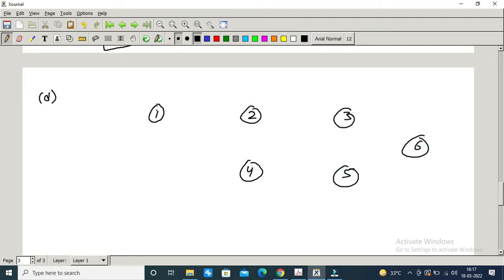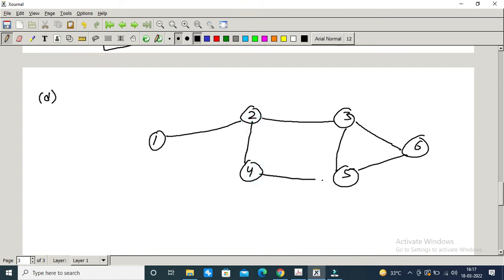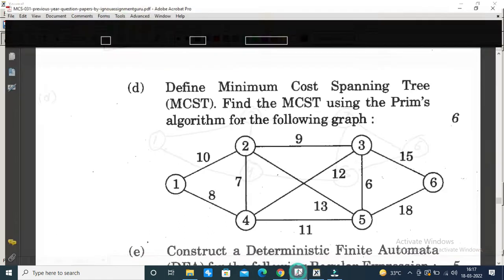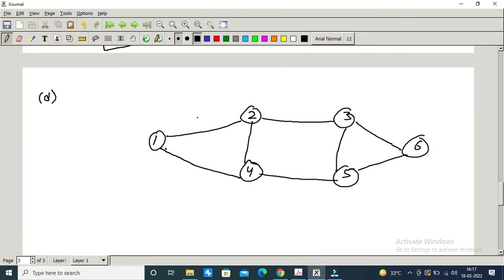Okay, let me write this one between 2 and 3 as given in the exam. So this is a connected graph, right? It's not fully connected, as you know, because there is no edge between each vertex and every other vertex, so we cannot say that this is complete, but this is a connected graph. Okay, so let me write the weights for these edges. This is 10, 8, 7.